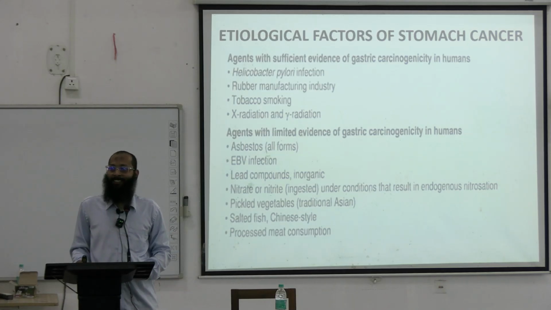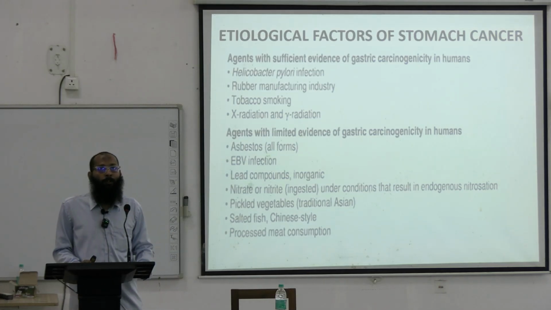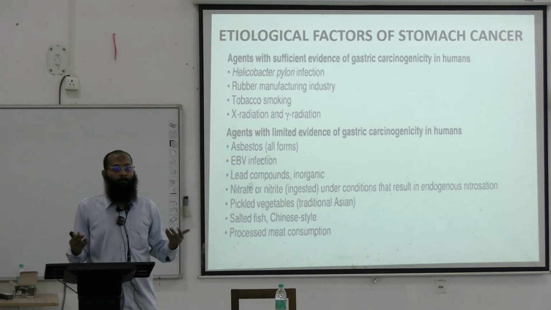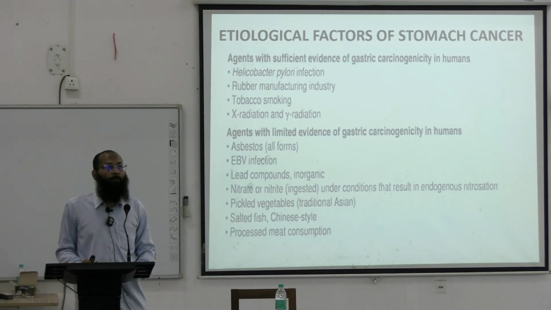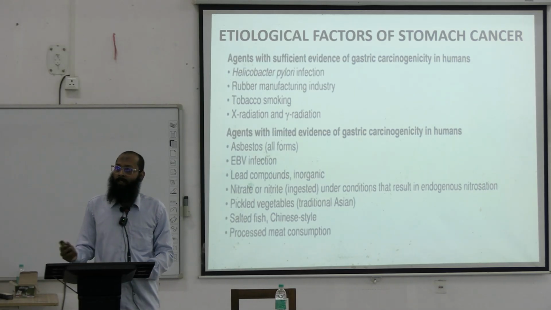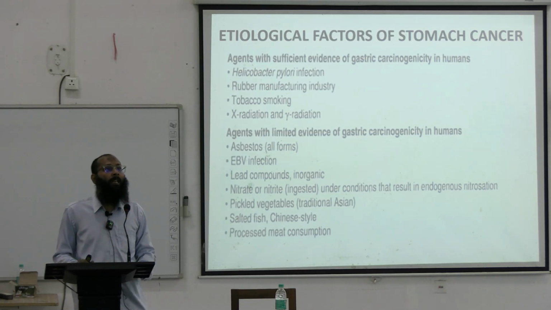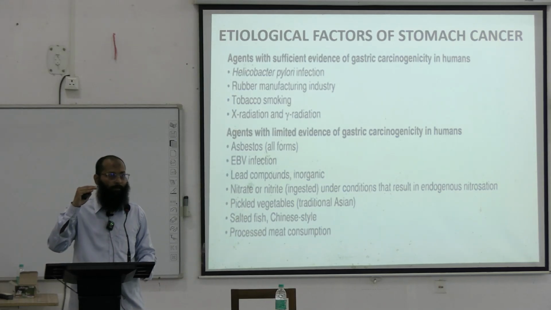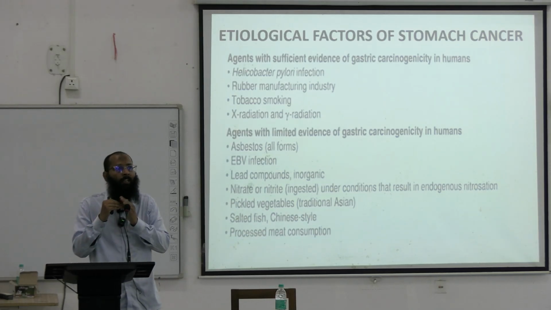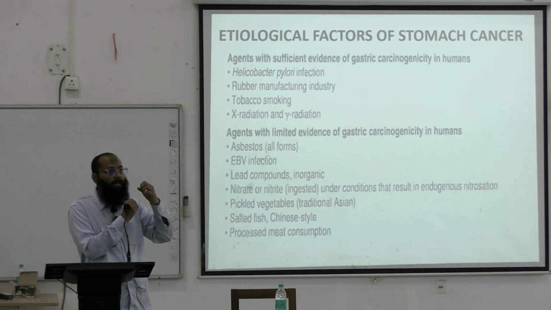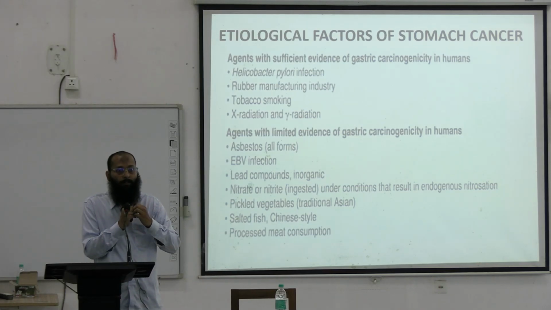Which one is that? H. pylori. So it has some mechanisms to counter this pH. How does it do that? First of all, it clings to the epithelial cells. It lies very close to the epithelial cells.